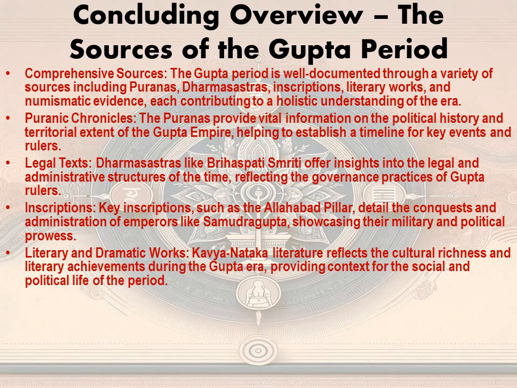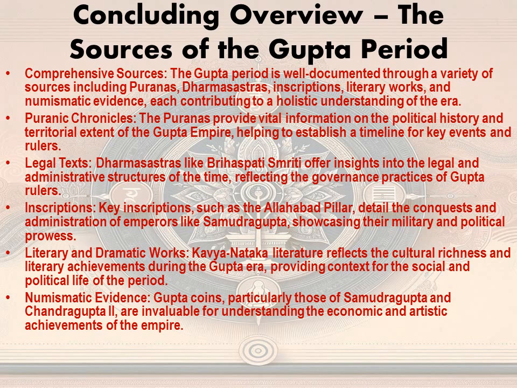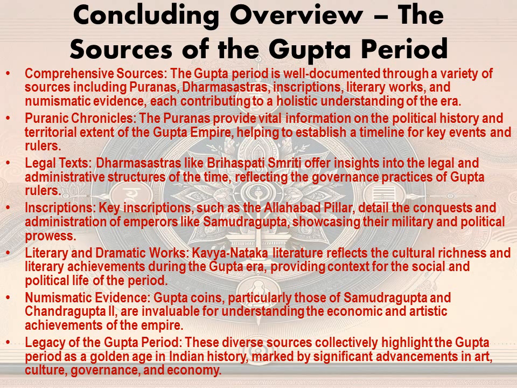Kavya Nataka literature reflects the cultural richness and literary achievements during the Gupta era, providing context for the social and political life of the period. Gupta coins, particularly those of Samudragupta and Chandragupta II, are invaluable for understanding the economic and artistic achievements of the empire.